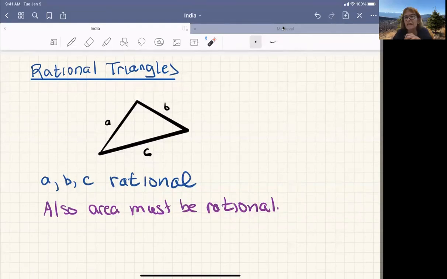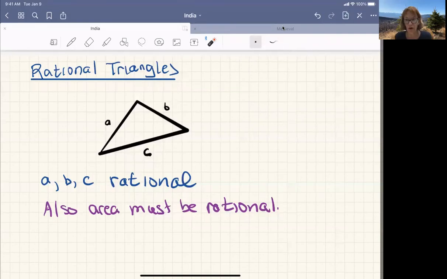So the next thing that I want to look at is rational triangles. So what is a rational triangle? Well, first of all, the sides of the triangle are rational numbers. So A, B, and C must be rational numbers.